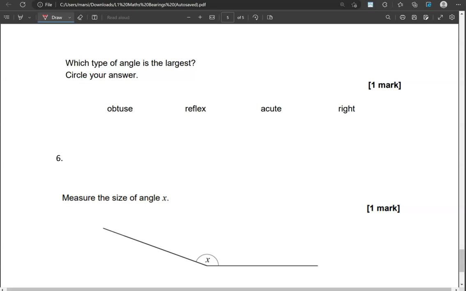Circle your answer. Is it obtuse, reflex, acute, or right angle? We know a right angle looks like this. Acute, that is less than 90 degrees. Reflex, that is greater than 180 degrees. Obtuse is greater than 90 but less than 180. So as you can see, the largest is the reflex angle.